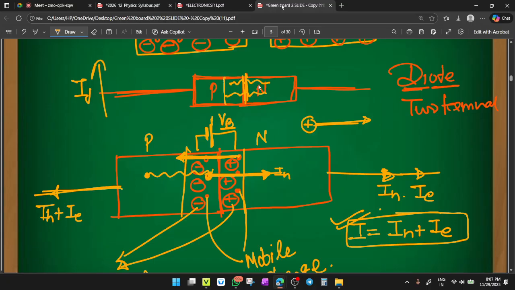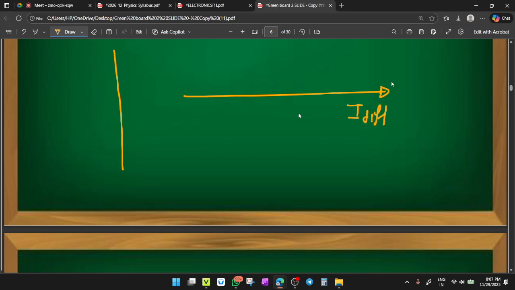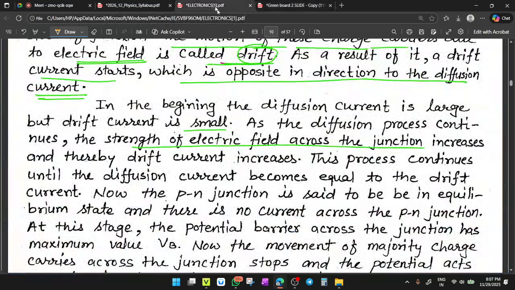But as the immobile charge layer is created and the electric field is established, what happens? The drift current increases in the opposite direction. First the diffusion current is large, and now the drift current slowly increases, both in opposite directions.